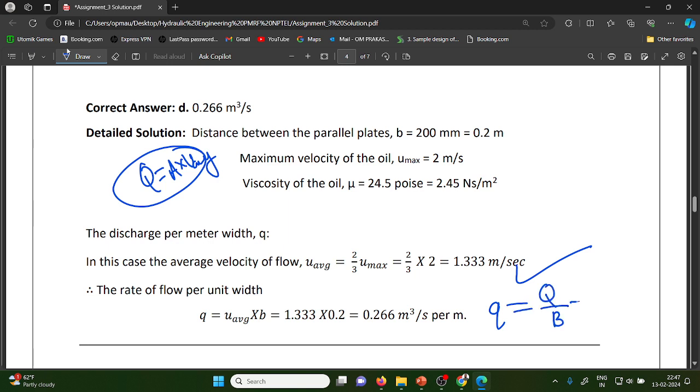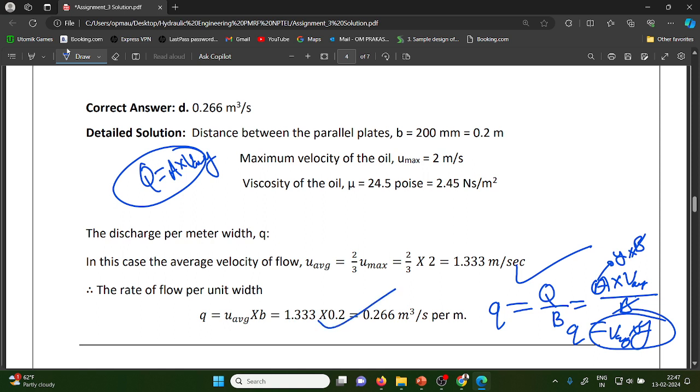So discharge is area into average velocity. So here it is Y into B. B we cancel, only the Y remains. So Q is equal to V average into Y. Here the depth of the flow was given, I think 0.2 in the question.